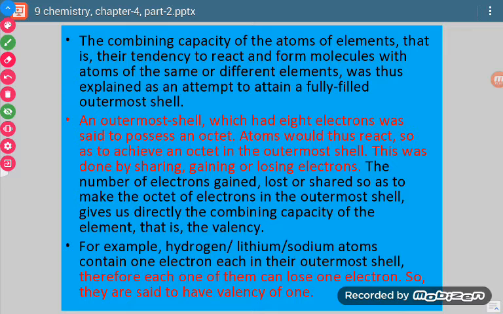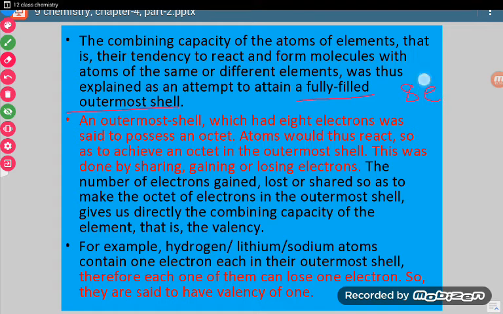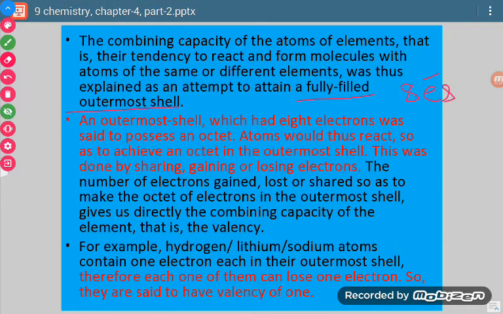When atoms combine with other atoms, it is done to attain a fully filled outermost shell. What is a fully filled outermost shell? It means the tendency to acquire 8 electrons in the valence shell, or the outermost shell.